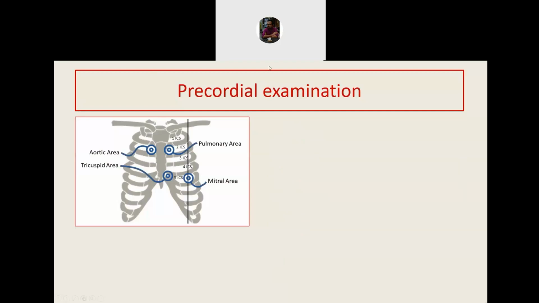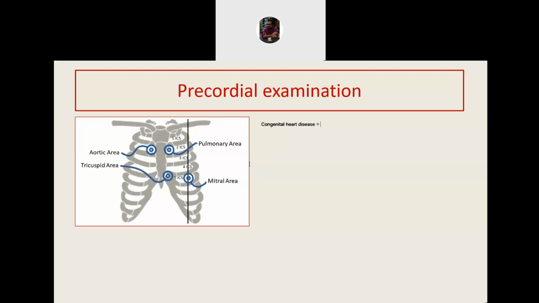Now, while examining the precordia, it's important that you first locate these four areas. And then, standing at the foot end of the patient, you look at the chest and see if you can see something significant. The normal shape of the precordium will be maintained if there is no congenital heart disease. In cases of congenital heart diseases, that is, heart diseases from birth, the shape of the precordium may be changed.